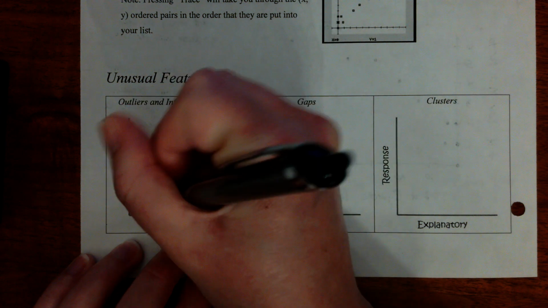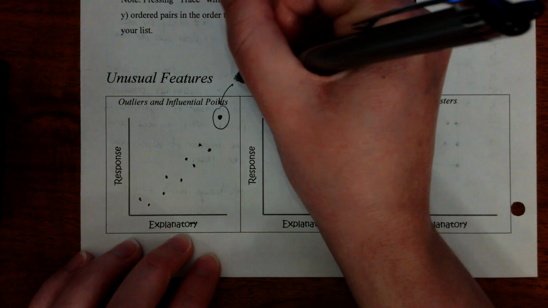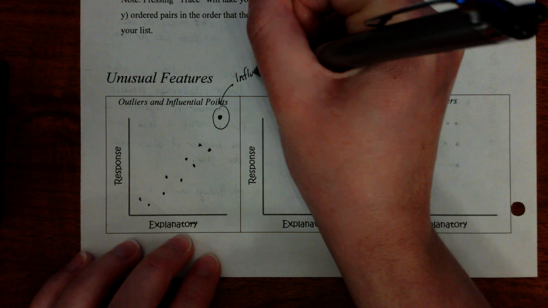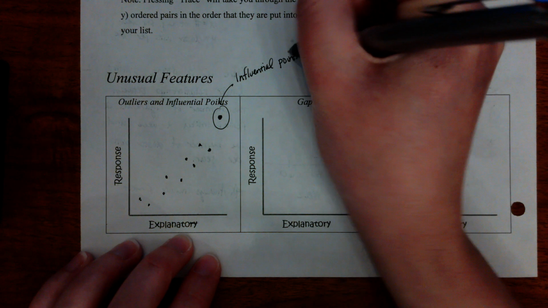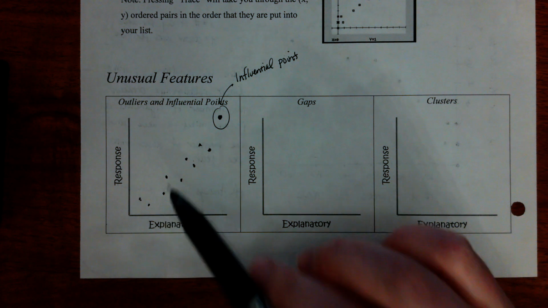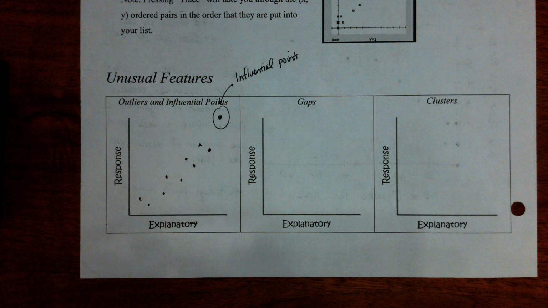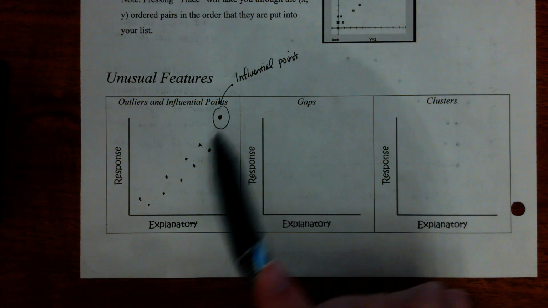This one is called an influential point, meaning that it's already following the trend. However, it's just making that trend stronger. So this is a strong influence on the scatter plot.